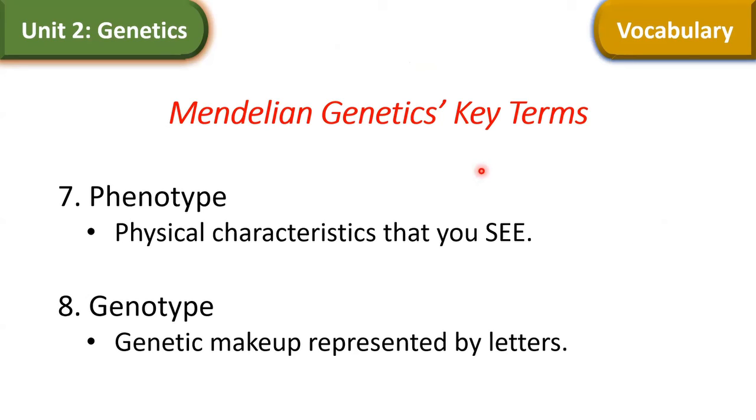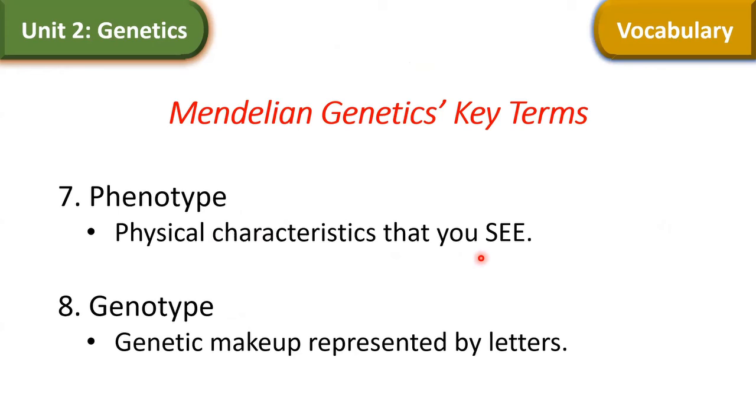And lastly, we have your phenotype and your genotype. Your phenotype is the physical characteristics that you see. So what you see right now, or what you see about yourself, that is an example of your phenotype.